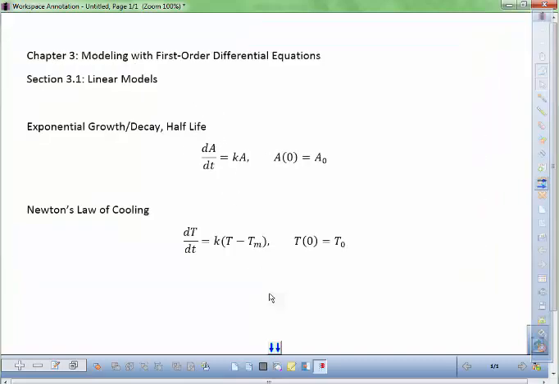The growth and decay and Newton's law of cooling are two examples where we were able to solve for these things using separable differential equations. These, by the way, are also autonomous differential equations, right? The slope is equal to something with just the dependent variable involved.